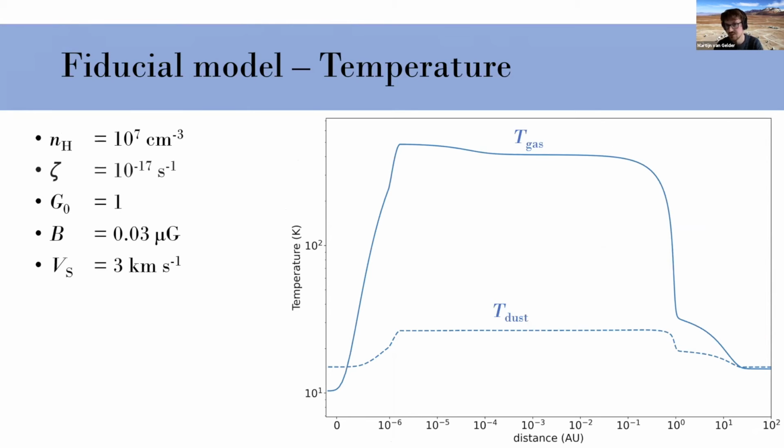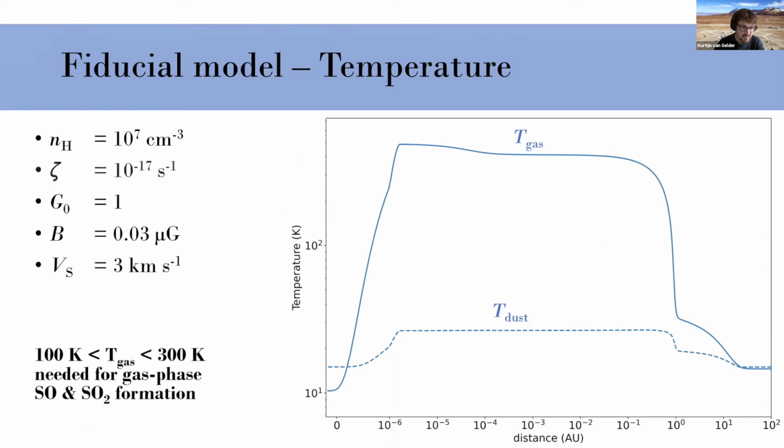So any SO and SO2 which forms in the gas would increase the abundance. But recall that this happens between 100 and 300 Kelvin. That's what we saw earlier. So where does it happen in this figure? It's really here on the tail, where the gas temperature drops below 300 Kelvin and is still above 100 Kelvin.